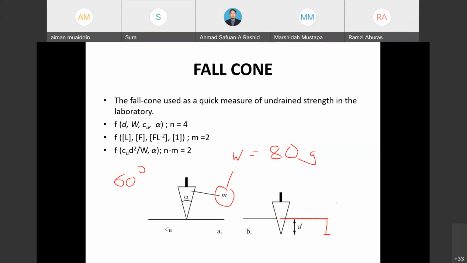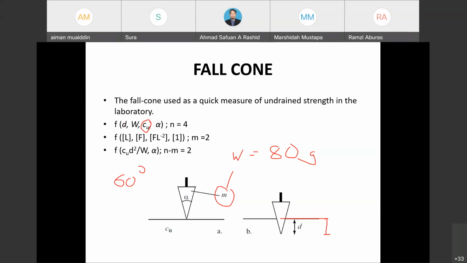So in this case, the output is Cu. Then the input is D, W, and alpha. So we have 4 parameters there. For each parameter, we may identify the primary dimension.